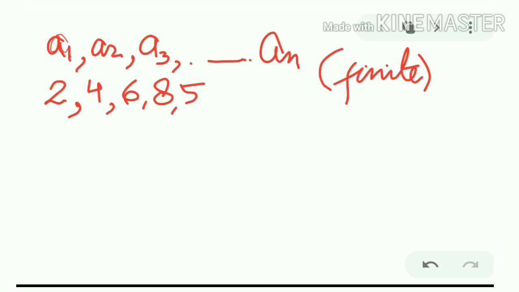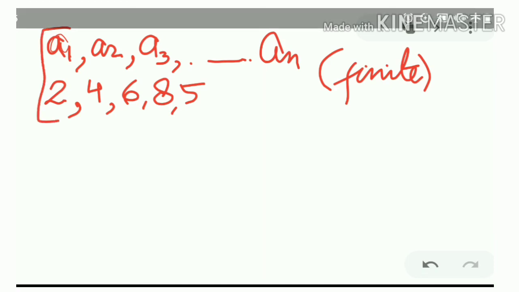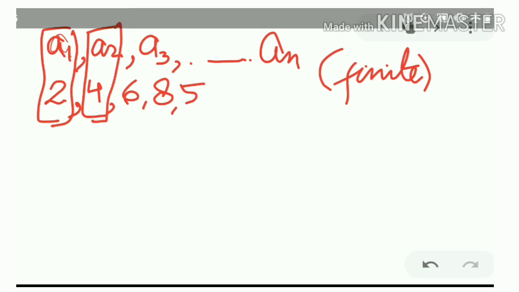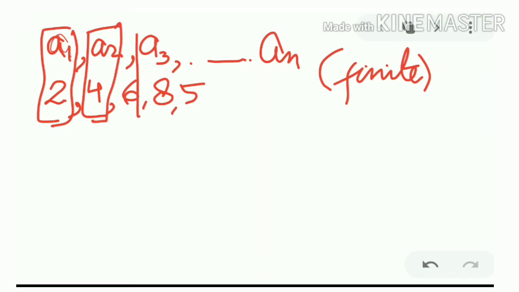Now let us compare this series with the general form. A1 is equal to 2. A2 is equal to 4. A3 is equal to 6.